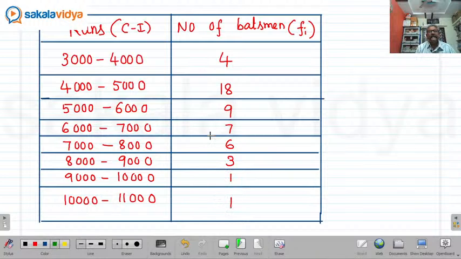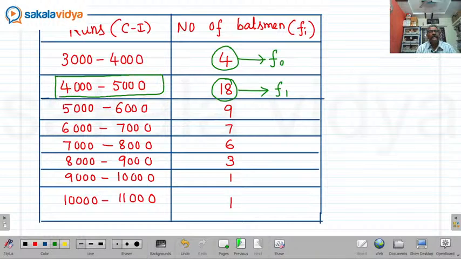See here, the maximum frequency is 18. This is F1, and this will obviously be F0. What does F0 stand for? It is the frequency of the class preceding the modal class. This is the modal class. This is F2. What is meant by F2? The frequency of the class succeeding the modal class.